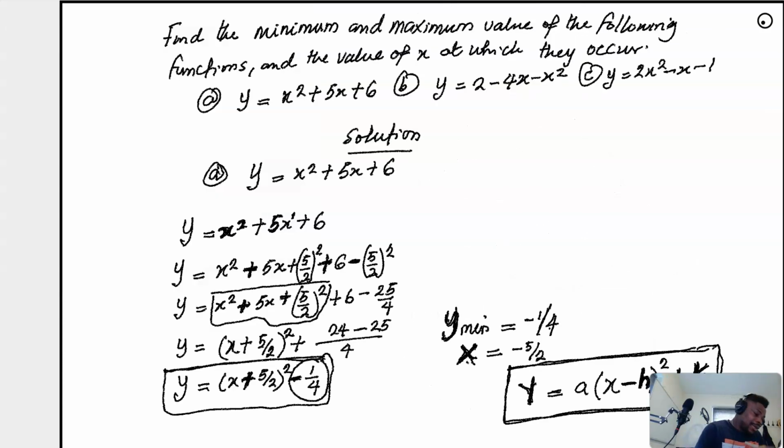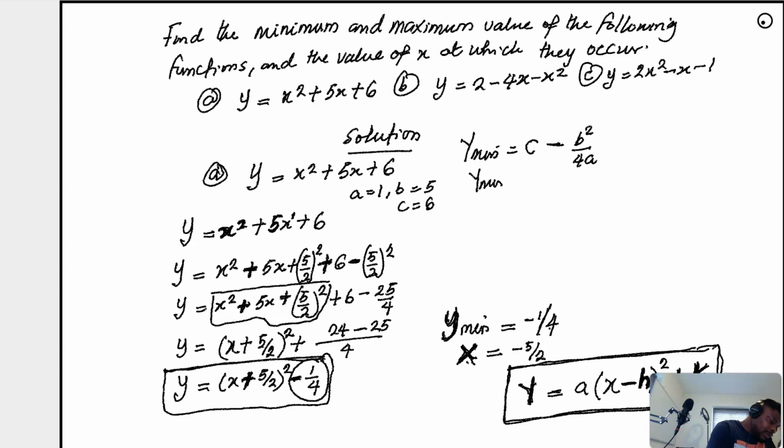Now, back to our question. Let's use that formula now. Y minimum is equal to C minus B squared over 4A. Okay? Here, what is our A? A is 1, B is 5, and C is 6. So C is 6 minus B, 5 squared.